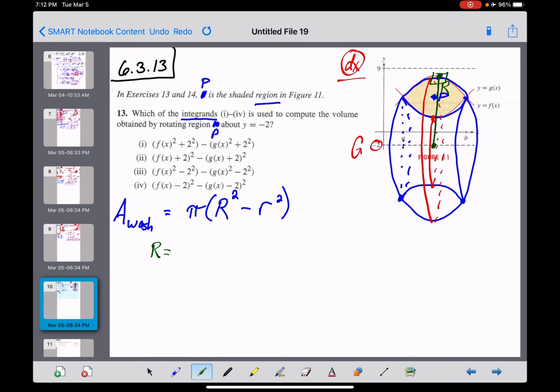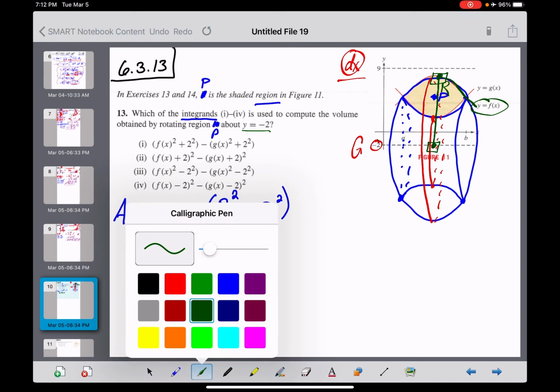So what stops big R on the top? This function right here, which is y equals f of x. Okay, that's what stops big R on the top, minus, now what stops big R on the bottom? Right here, and that is the line y equals -2. So this is f of x minus -2. That's going to become a +2 for big R.